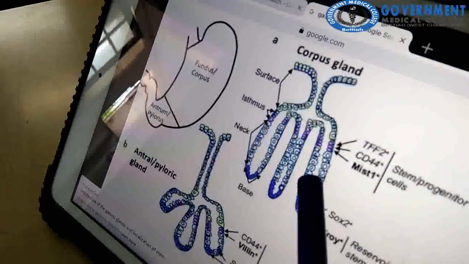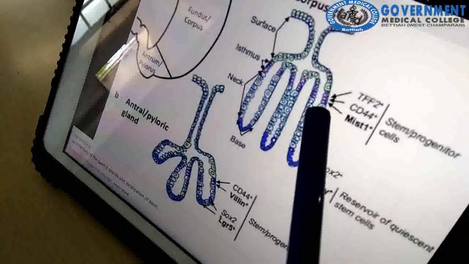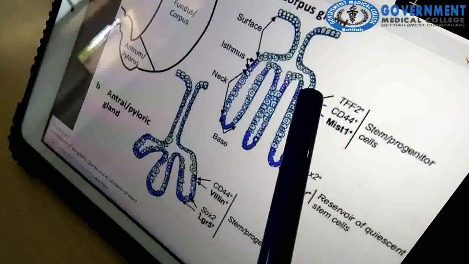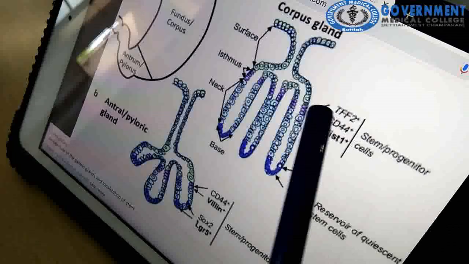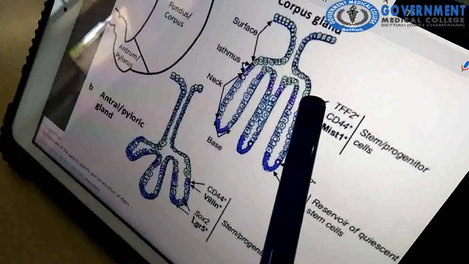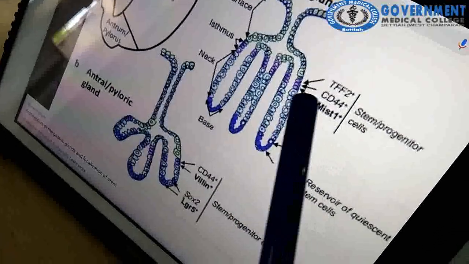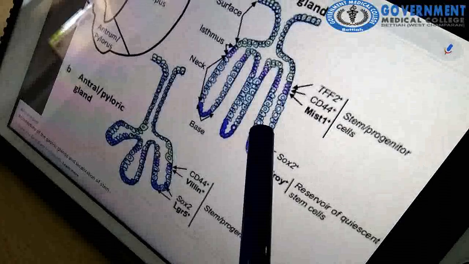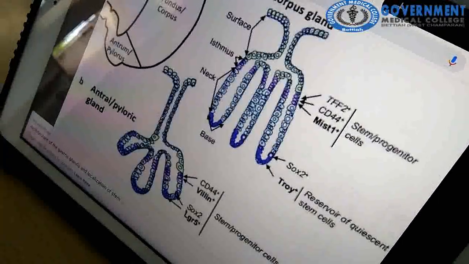This is parietal cells, which secrete HCl, and this is mucous neck cells, which secrete mucus or mucin. In between them, there are interphase cells and APUD cells dispersed, which were discussed previously.